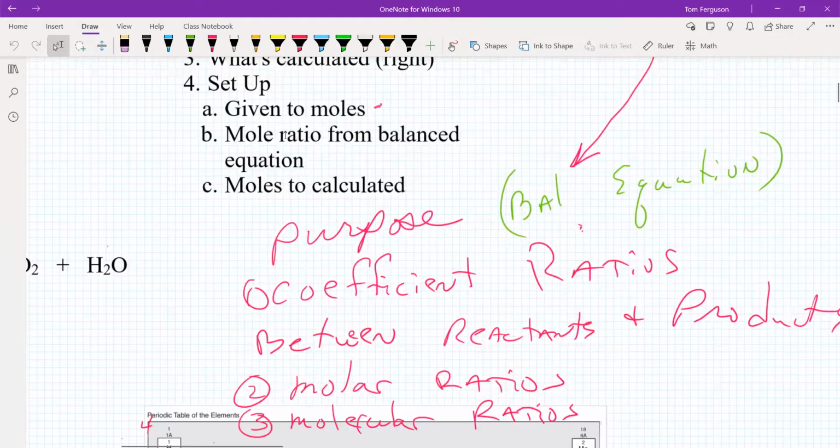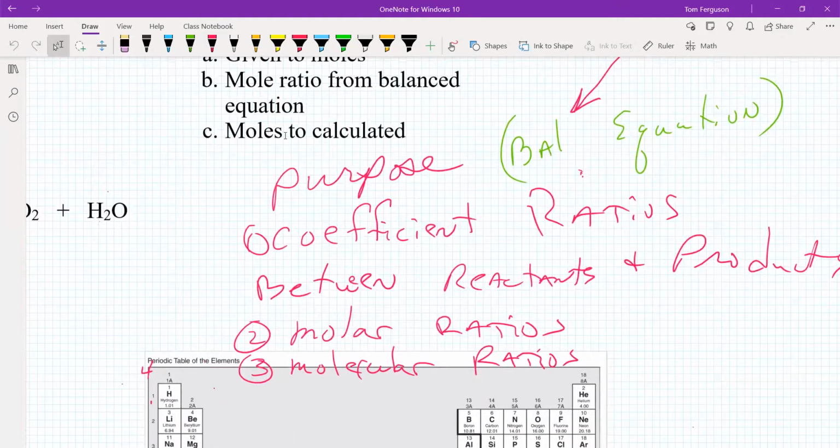Now remember the purpose of the balanced equation. In other words, you're asking yourself, Ferguson, why are we having to balance all these equations? Who gives a rip, right? Well, that comes into play when we start doing stoichiometric calculations. The stoichiometric ratio between the coefficients in the reactants and products are going to play a very important role in determining the answer to our problems.